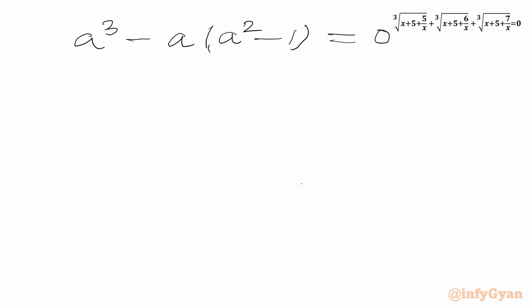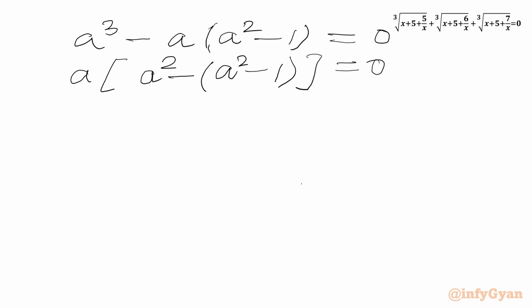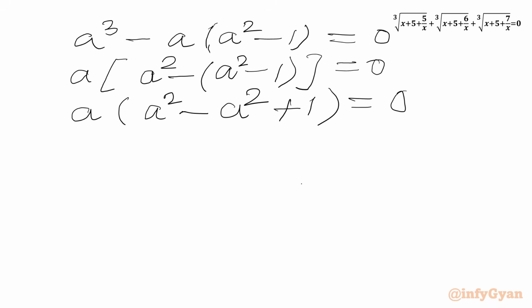Now a is common, so we will take a common out. In bracket we will get a square minus of a square minus 1, RHS is 0. Or we can write a times a square minus a square plus 1 equal to 0.